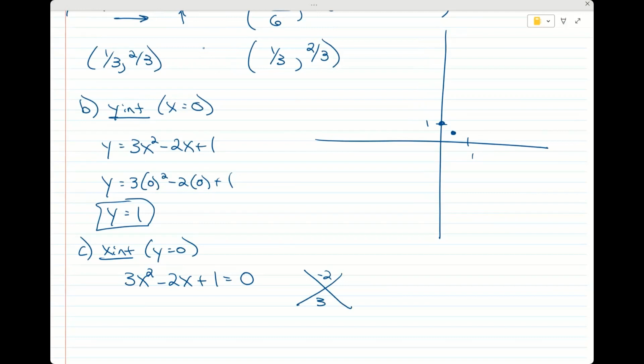Yeah, 1 and negative 3 wouldn't multiply to give you positive 3. So I'm not sure this is going to factor. So let's just go ahead and use the quadratic formula. We're going to take the opposite of b plus or minus the square root of b squared minus 4ac, all divided by 2a.